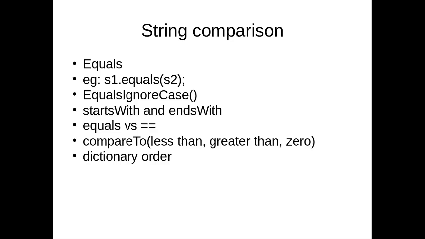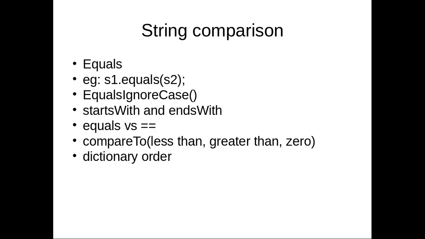Both of them are compared, and while comparing it will ignore case, not case sensitive. That means capital and small are treated as one. Okay. Now startsWith, endsWith. That means starts with a particular character, ends with a particular character. If you want to know more details about that, refer to the textbook.